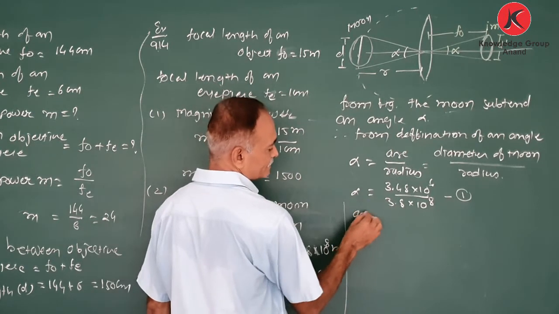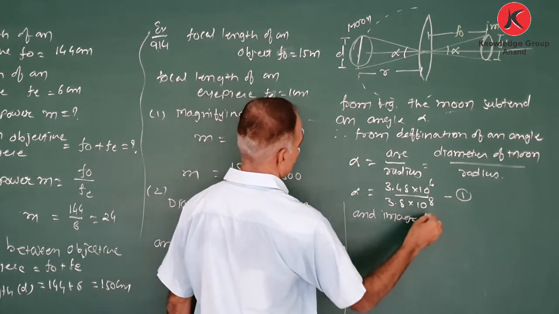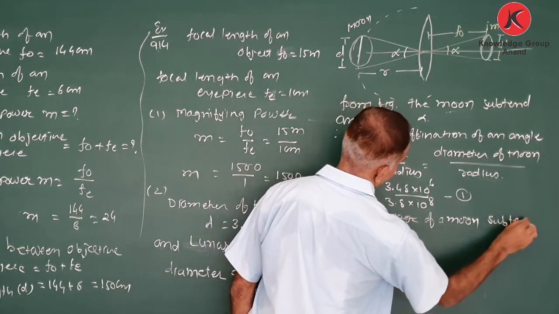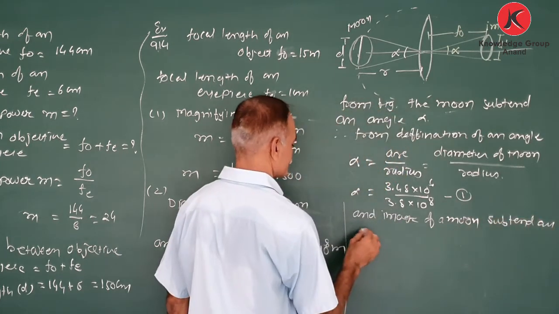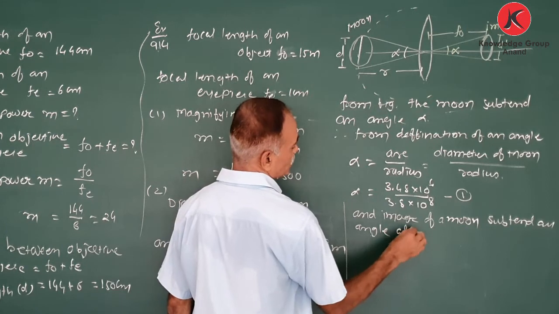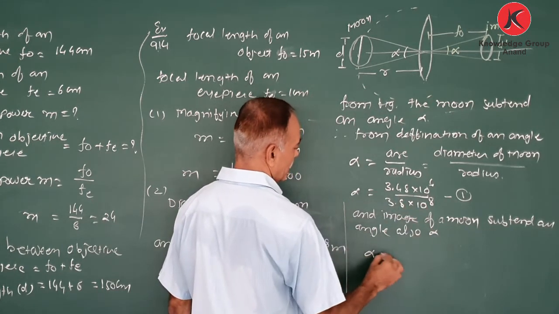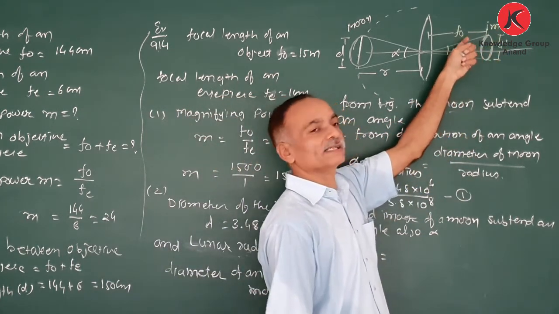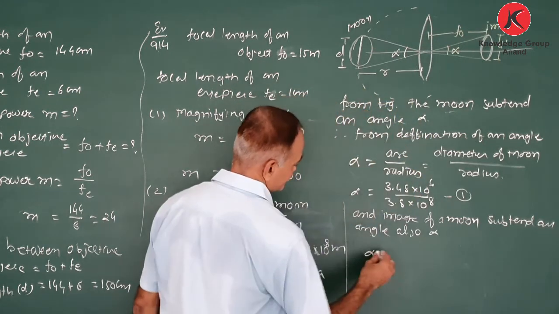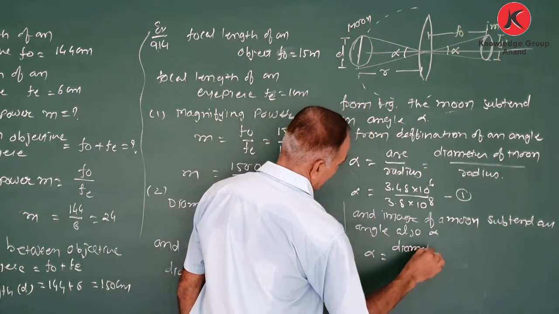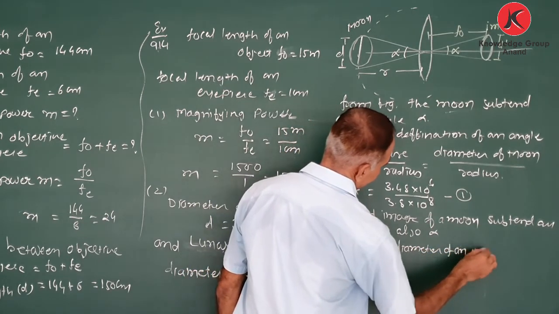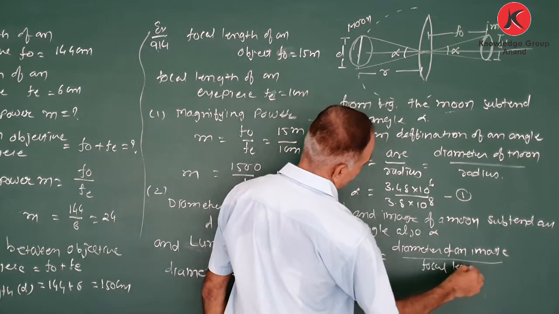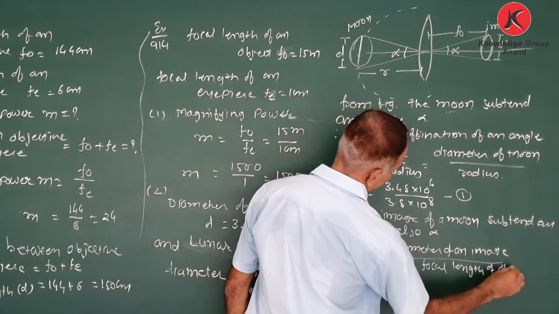And the image of the moon subtends an angle also alpha. Therefore, alpha is equal to diameter of an image upon focal length of objective.